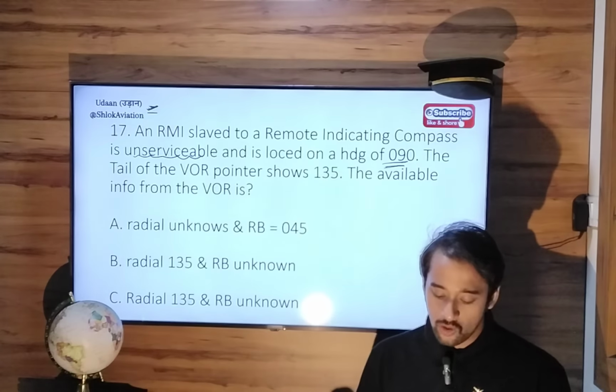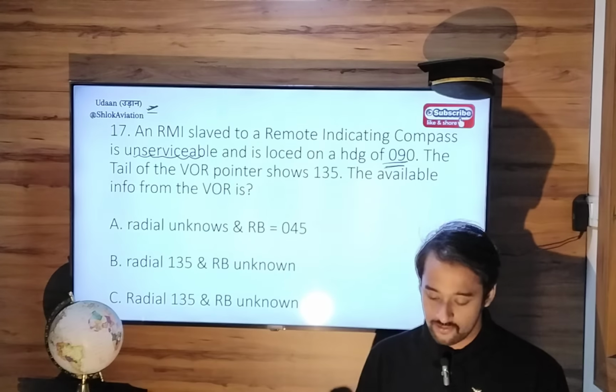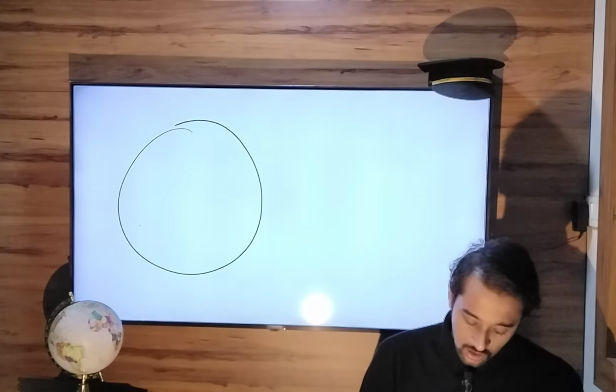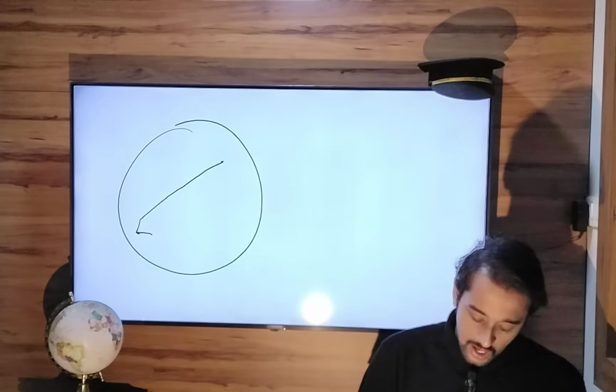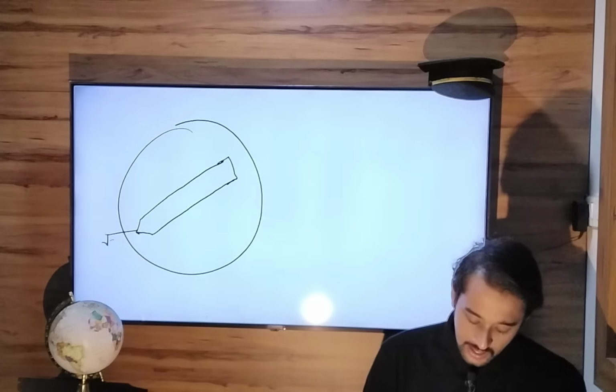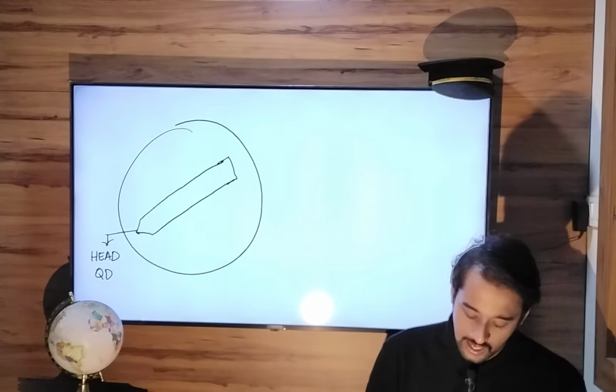The tail of the VOR pointer shows 135. The available information from the VOR is what? Like I told you, if this is your RMI and this is your VOR needle, the head of this VOR needle will always point towards the station, that is QDM.